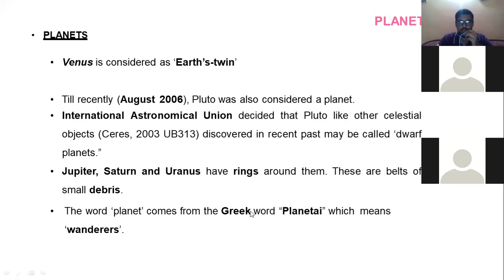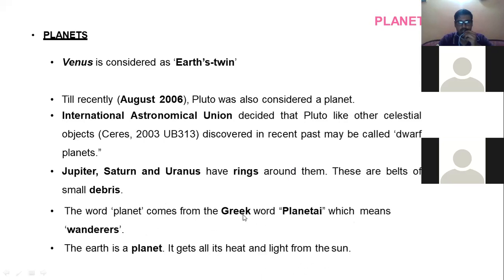If we talk about the word planet, it comes from the Greek word planetai, which means the wanderers. In Greek mythology, when they searched for stars and found a particular planet or direction, they celebrated those events.